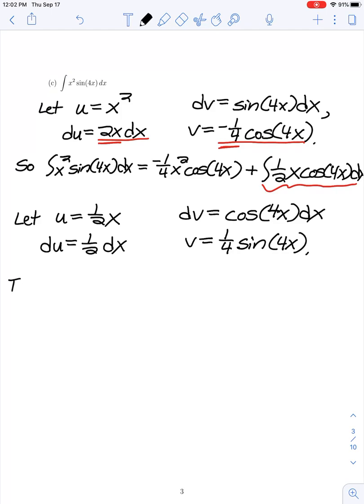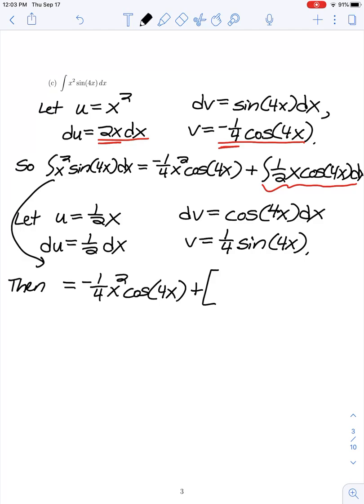So now, let's see what we have. This integral that we are after is equal to, well, we had from our previous work, a negative 1/4 x squared cosine of 4x, and then plus, to evaluate that integral, we have to apply integration by parts a second time.